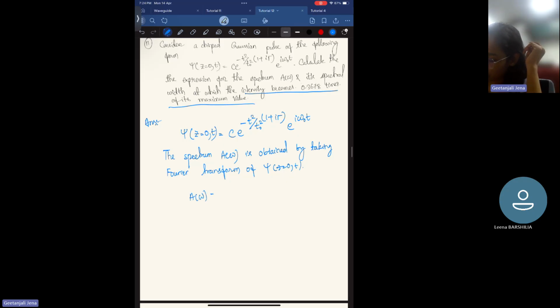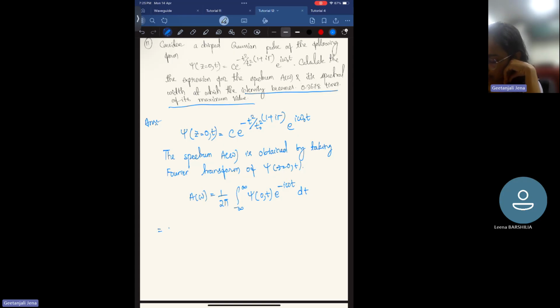A of omega will be 1 by 2 pi, integration from minus infinity to infinity of psi 0 t e to the power minus i omega t dt. Just put the value for psi 0 t.